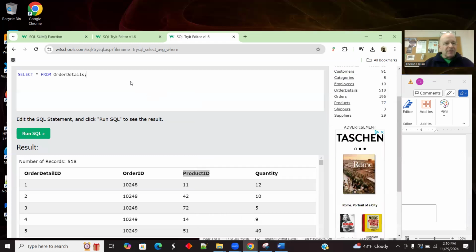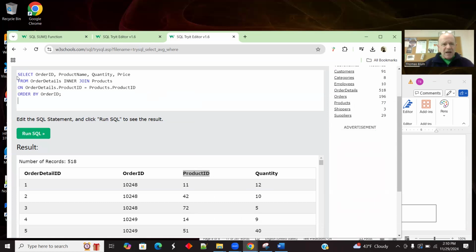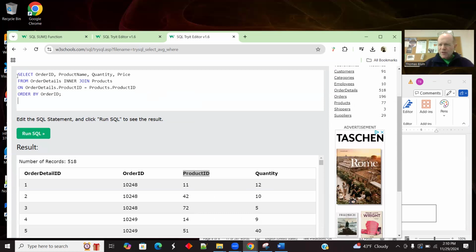So in this exercise here, you're given a query and just asked what it does. And it is a join query, so it's order details inner join products. So we're combining those two tables. And order details had a product ID as a foreign key. And of course, products has a product ID as a primary key. And so the natural join between them is on the matching of those two IDs.